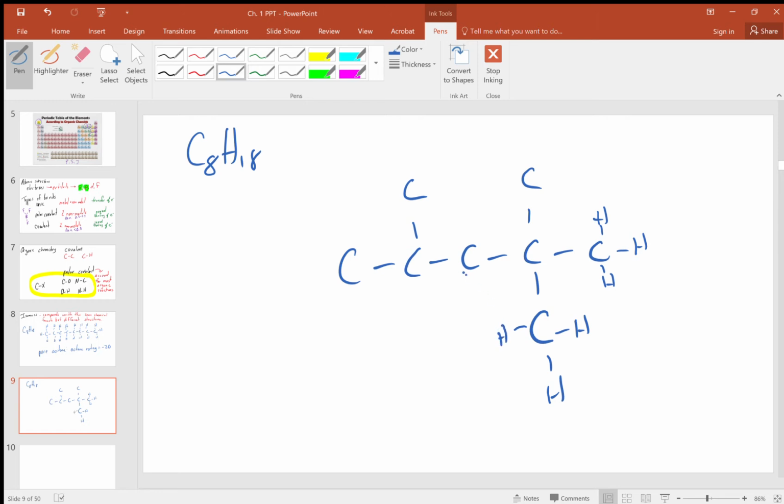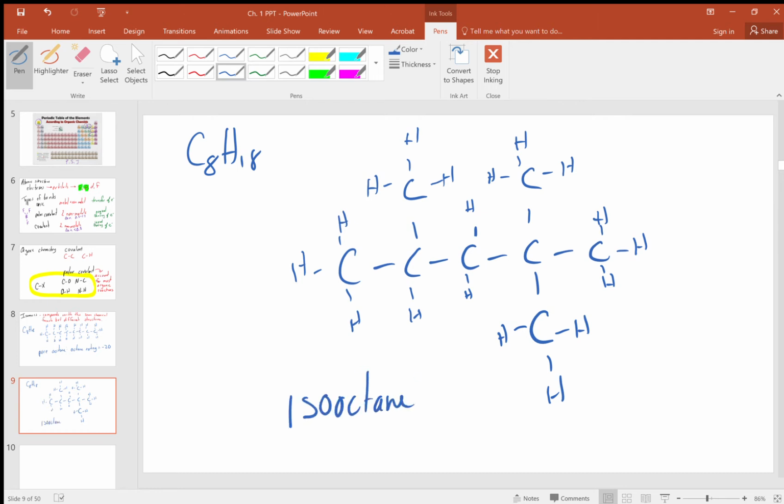We'll also fill in the hydrogens, although you'll see in a little while, that's something we're going to stop doing. This compound is known as iso-octane. Once we learn some nomenclature, which will come up in a couple chapters, we will also learn that this compound can be known as 2,2,4-trimethylpentane.